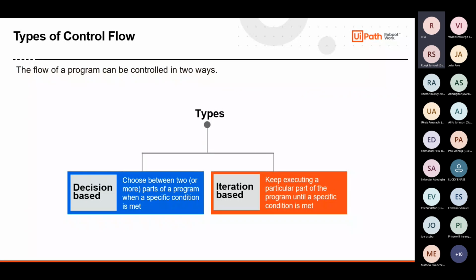This is an aspect in which the Boolean variable type makes sense. Then iteration is the type of flow that helps to execute a particular part of your program until a particular condition is met.